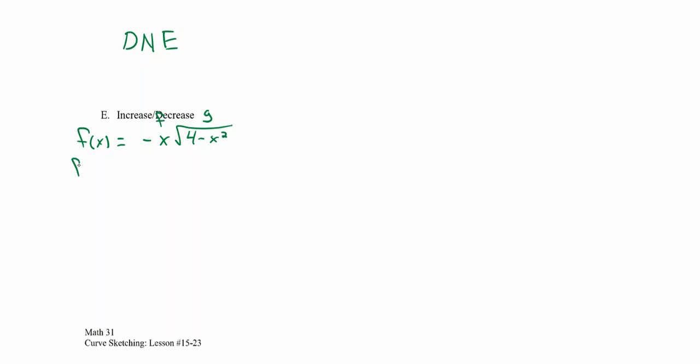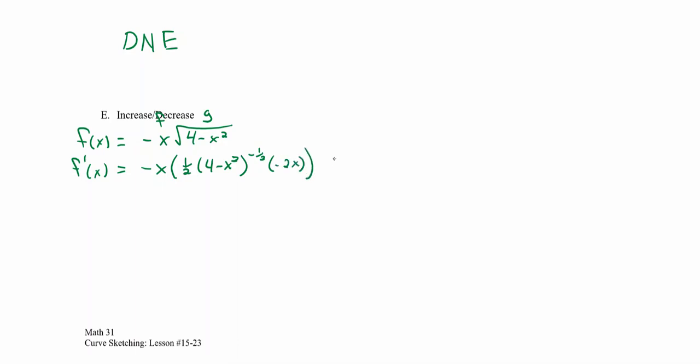So f prime of x is going to be negative x times then the derivative of g, which will be 1/2 times 4 minus x squared to the negative 1/2 times negative 2x.